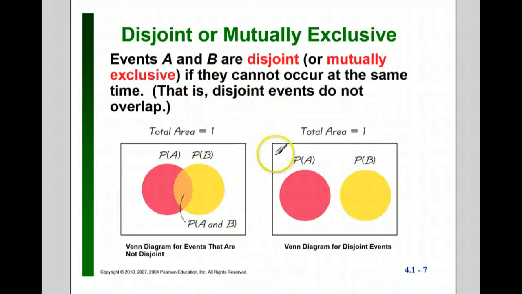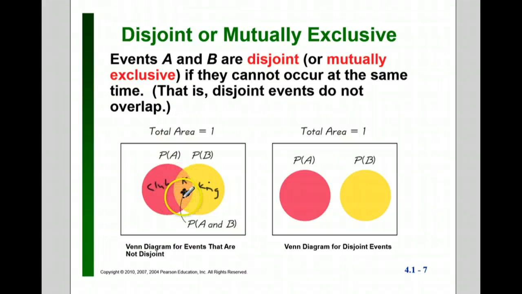Alright, disjoint events, mutually exclusive, means they don't have anything in common. So the example we just did, let's call this clubs. Let's call this a king. So this overlap right in the middle would be the king of clubs. So that's what we found, something that did overlap.